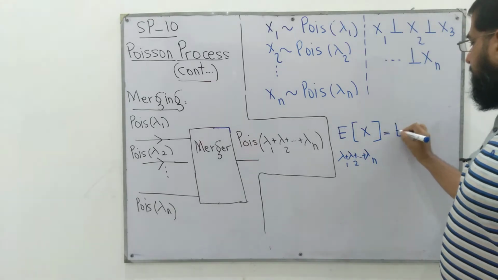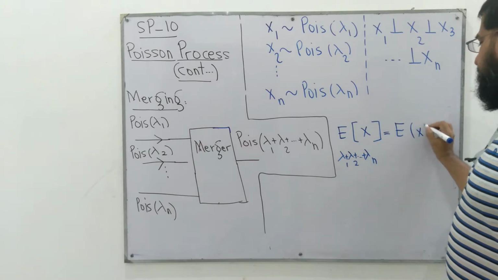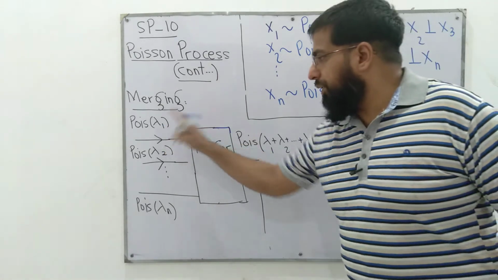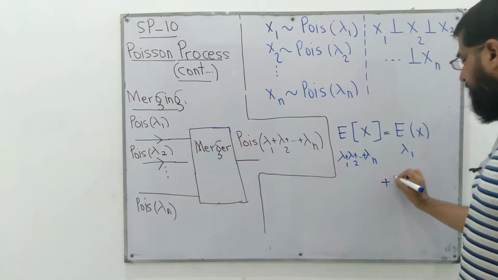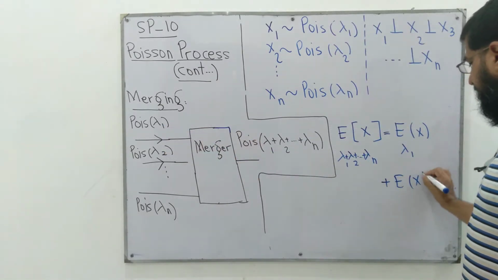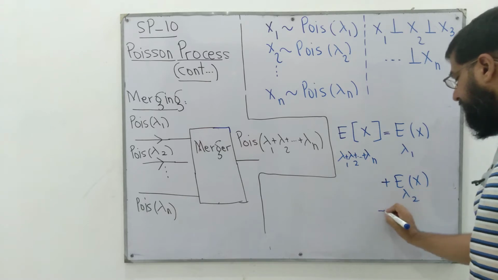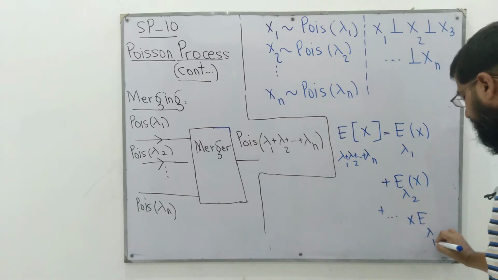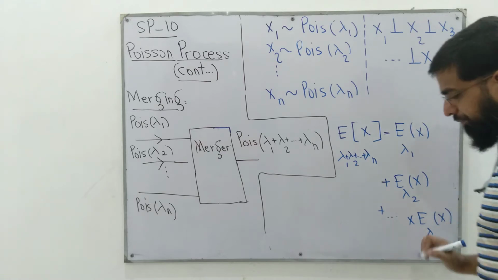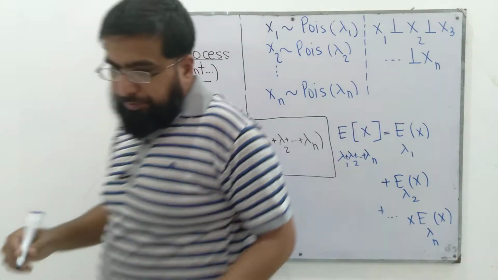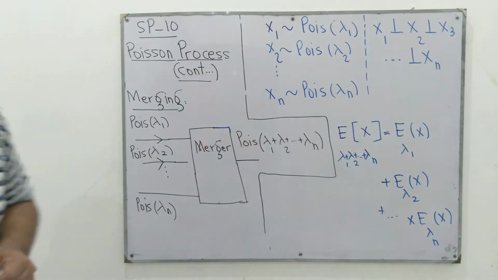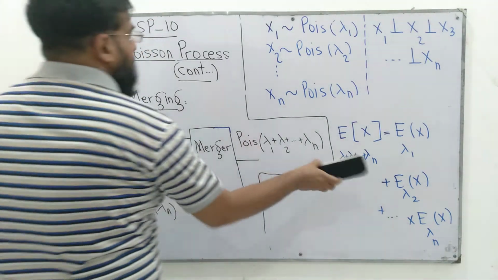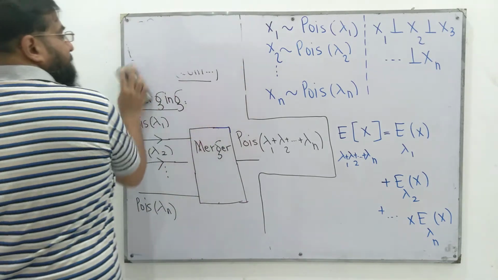Since they are independent, this should be the expected value of x for the first process plus the expected value for the second process and so on up to the expected value for the final process. Why? Because they are independent of each other.